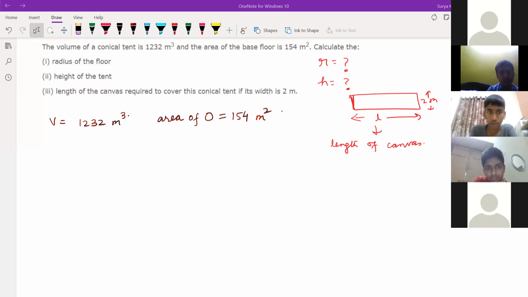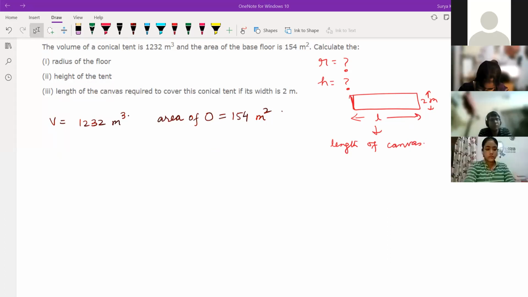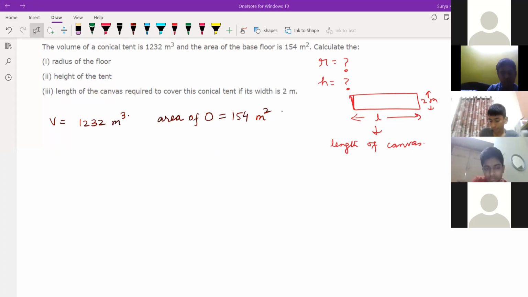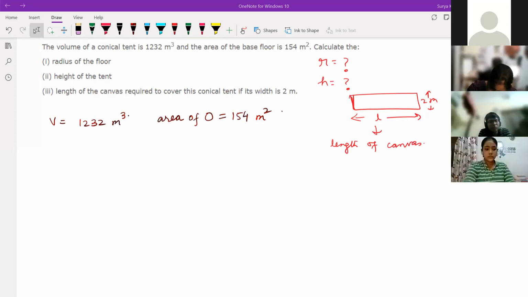Okay, fine. Yes, Sai Charan. Sir, yes, sir, length is 275.